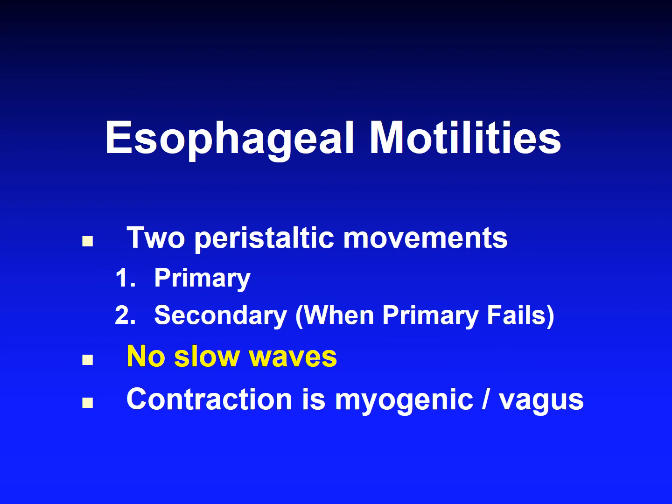Now, what kind of motility patterns will we see in the different parts of the esophagus, and how can we measure these motility patterns, the primary and sometimes the secondary peristaltic movements?